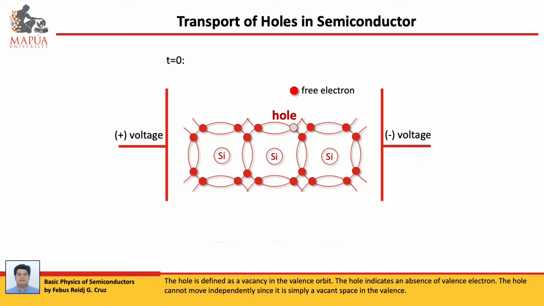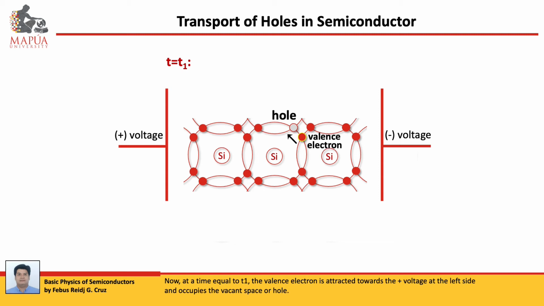The hole cannot move independently since it is simply a vacant space in the valence. However, because of this vacant space, the nearby valence electron can occupy such space and move towards the positive voltage. Unlike when the valence is complete, there is no movement in the valence electrons.